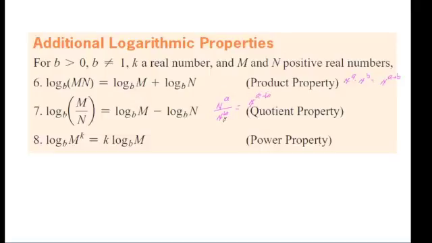We would subtract the exponents. And log base b of m to the k equals k times the log base b of m. Remember, this is an exponent. So when we raise an exponent to a power, we would multiply. That's x to the a, to the b, equals x to the ab.